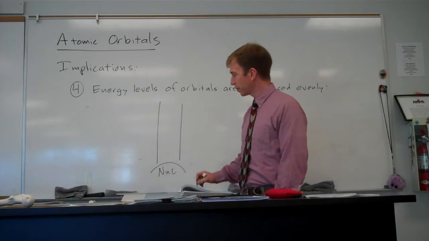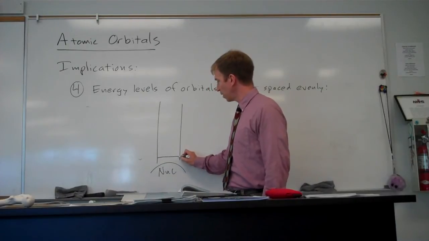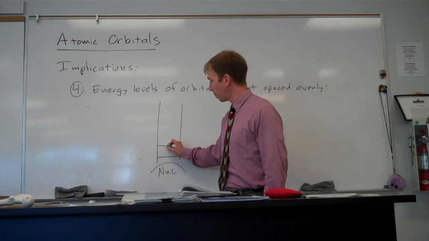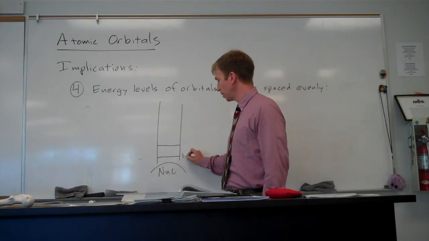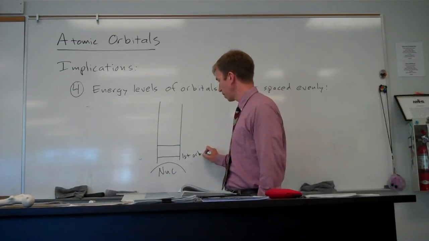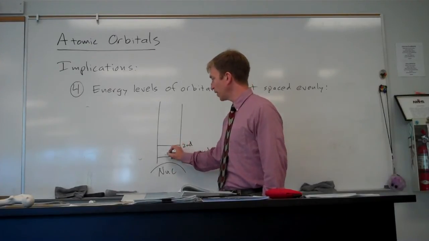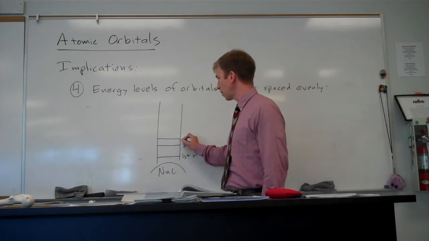So if down here we have the nucleus of the atom and we draw that idea of a ladder going out from it, the energy level here is relatively low. There's a big jump up to the next orbital. So this is your first orbital. This is your second. Between the second and the third, there's a smaller jump. The third and the fourth is smaller.